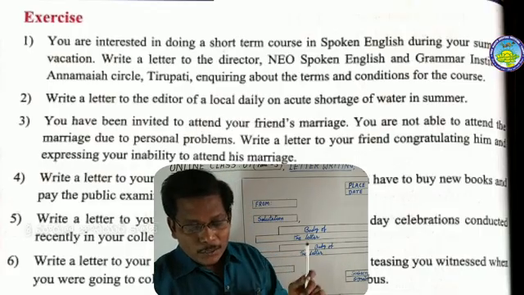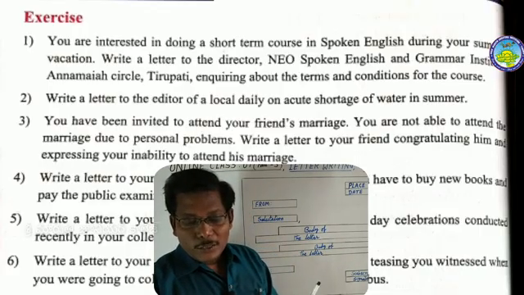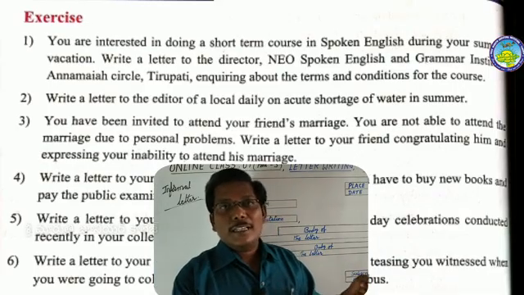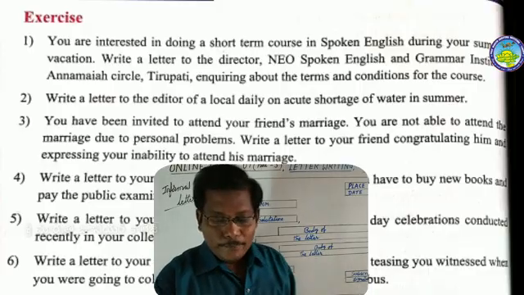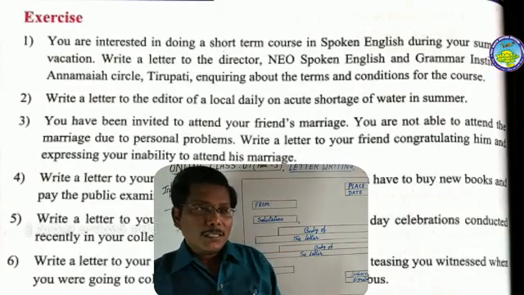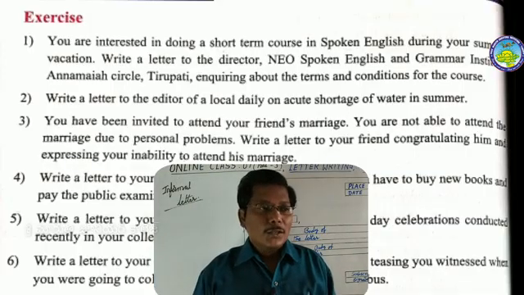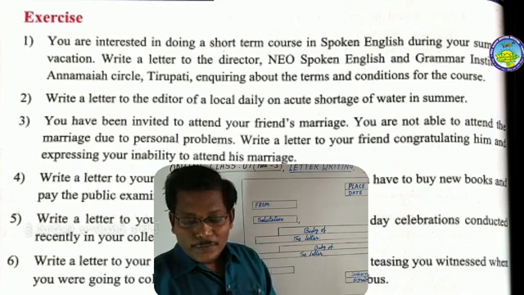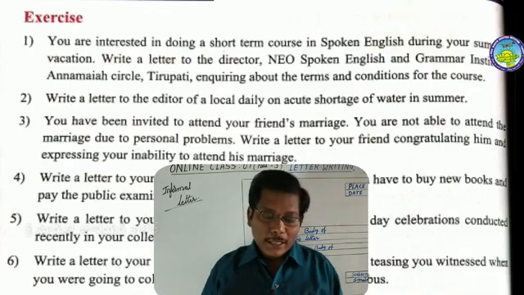Okay, understand. Third one, you have been invited to attend your friend's marriage. So your friend is getting married very soon and he invited you. You are not able to attend the marriage due to personal problems, that's why you cannot attend the function. So write a letter to your friend congratulating him and expressing your inability to attend his marriage.